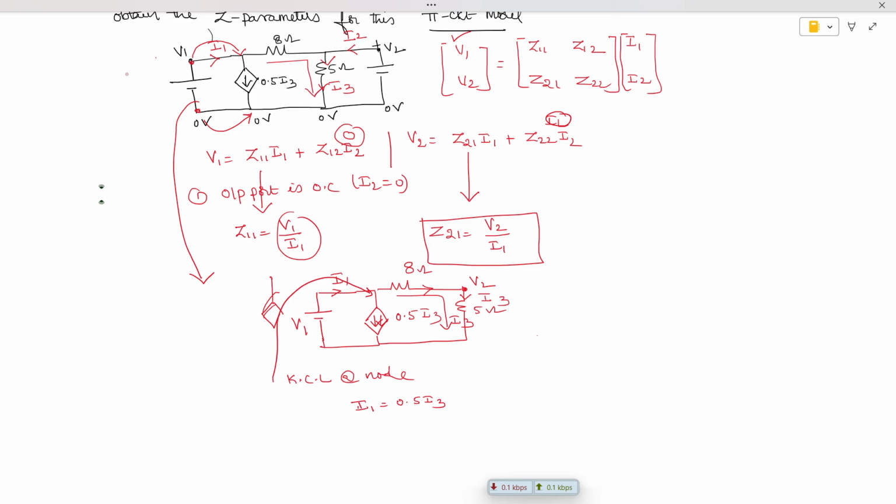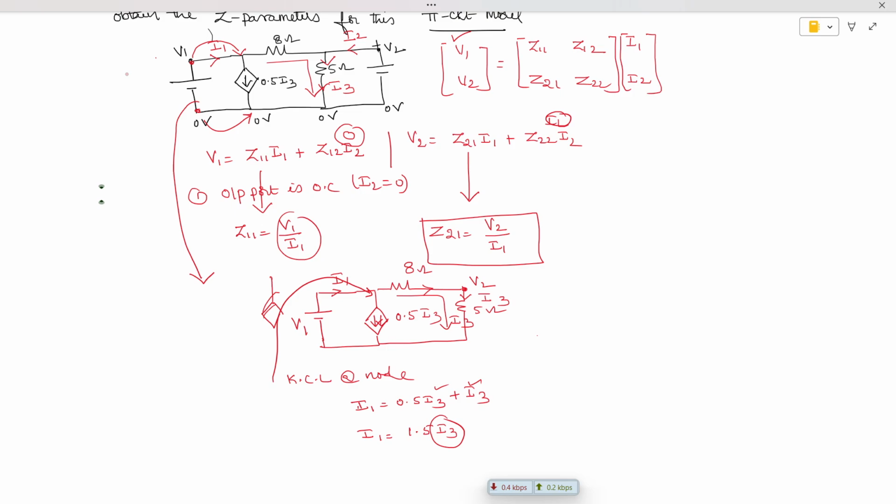So this is nothing but plus I3. Therefore, I1 is equal to I3, taking common, 1.5 times I3.